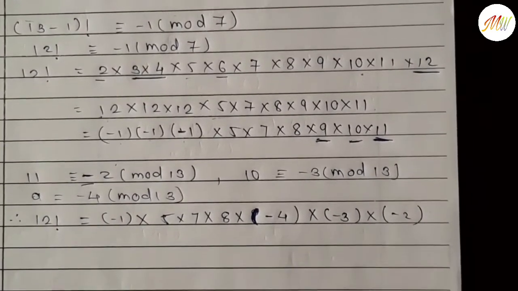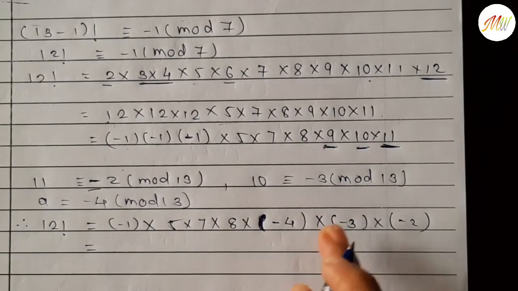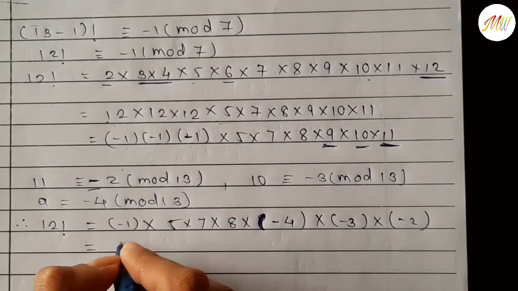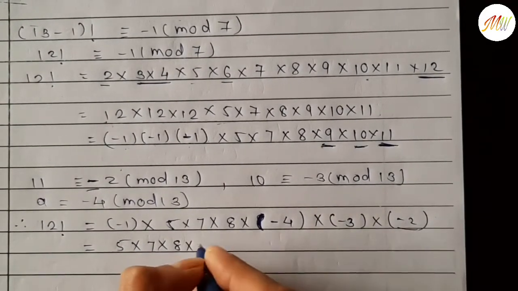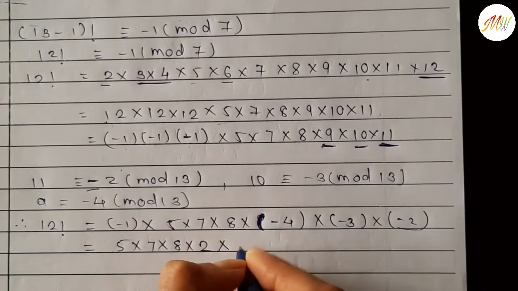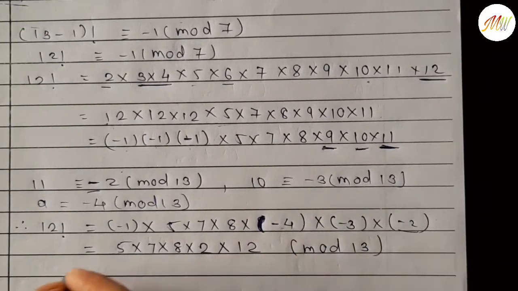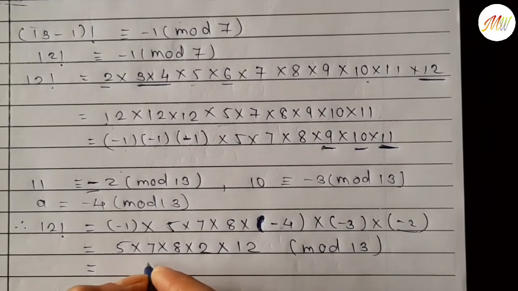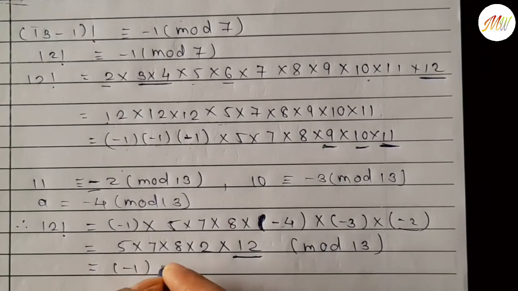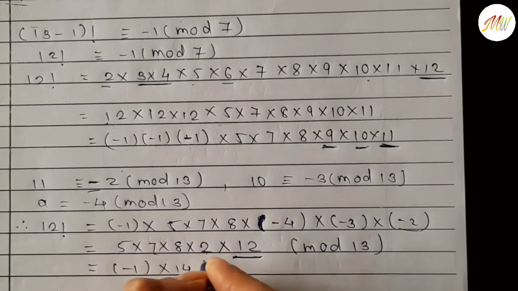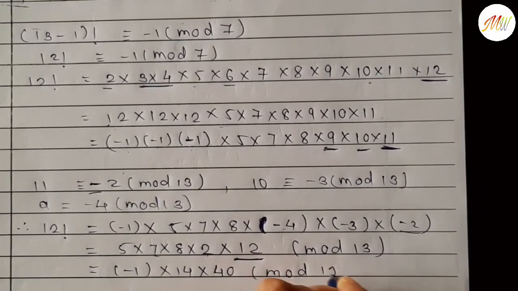Okay, so now which is equal to, this minus goes cancel, so we write 5 into 7 into 8 and these two as it is, into 4 3s are 12 mod 13, which is equal to, now see here again we get 12, so minus 1 into 7 2s are 14 into 40 mod 13.